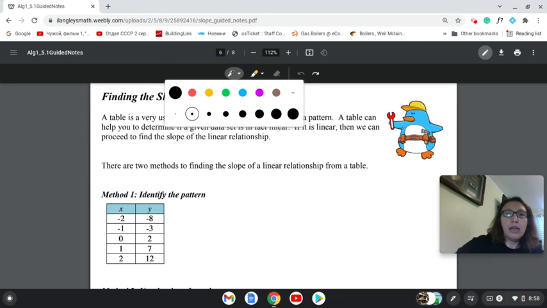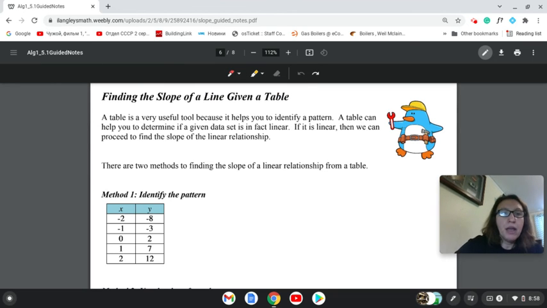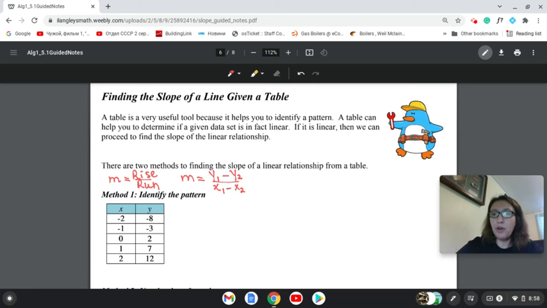So remember the slope formula. We had slope equals rise over run. That's the one we used when we had a graph. We also learned the slope formula, but if you remember from your notes the other day, that basically also means change in y divided by the change in x.